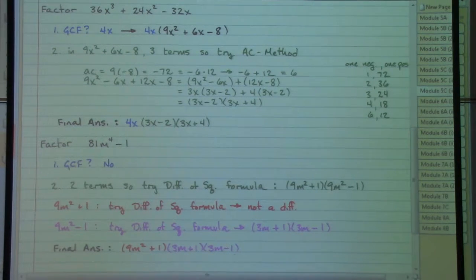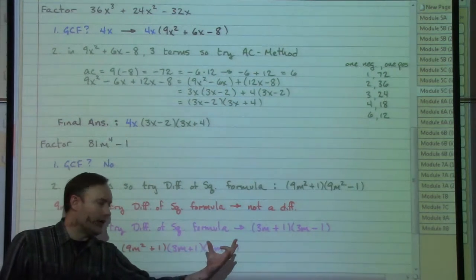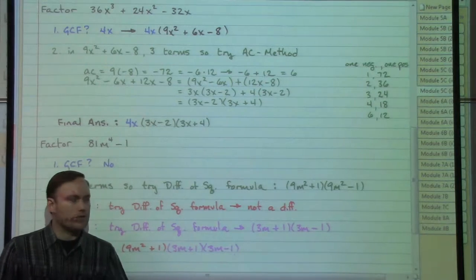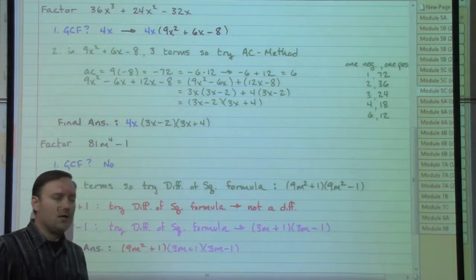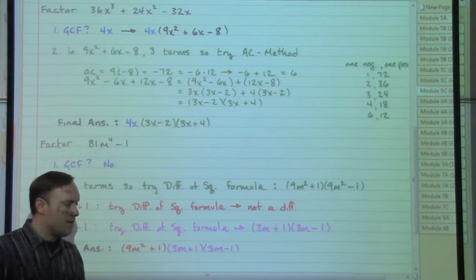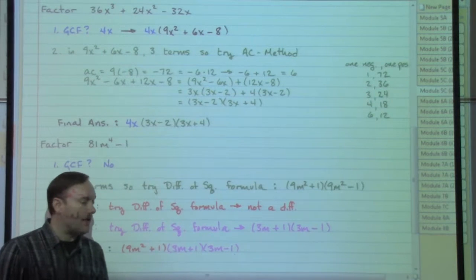So those would be part of our final answer as well. I cannot do anything more with the 3m plus 1. I cannot do anything more with the 3m minus 1. So I have still considered that possibility. Can I do any more factoring? No, I can't. So I can commit to my final answer.